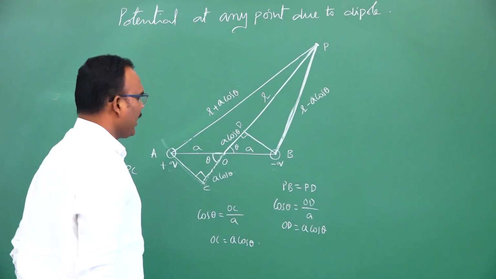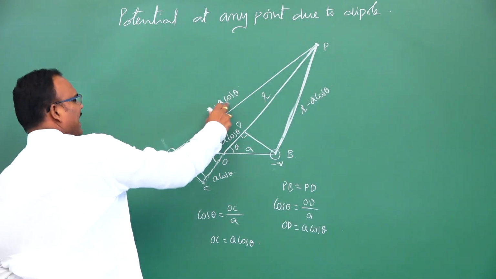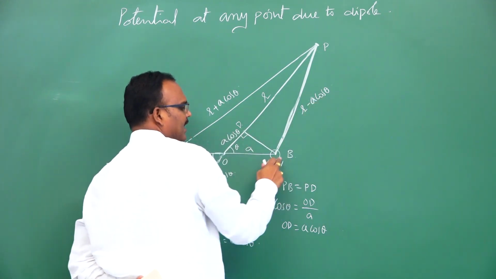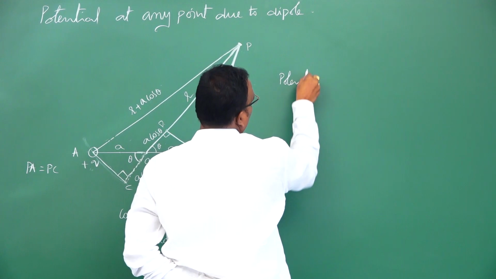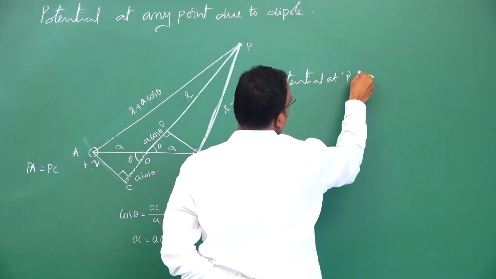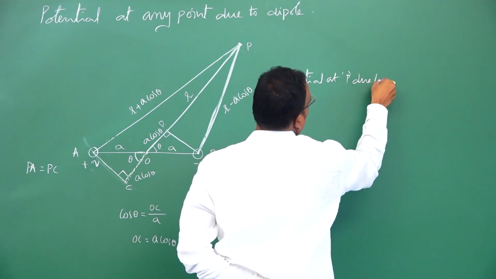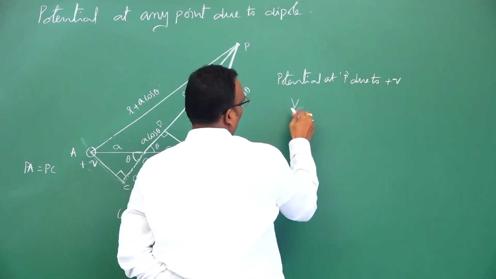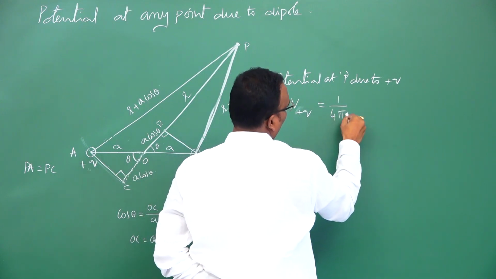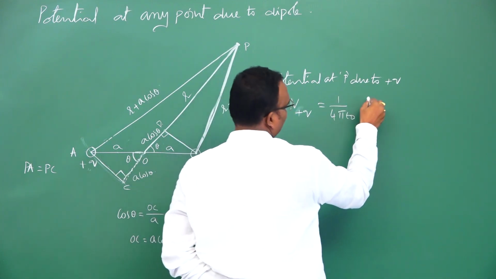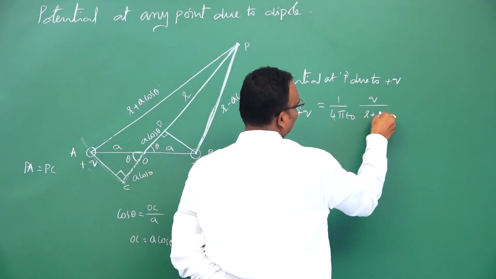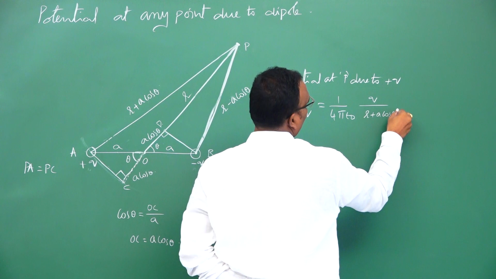Now I know point P is at a distance r plus a cos theta from the positive charge and r minus a cos theta from the negative charge. Potential at point P due to plus Q: V plus Q is equal to 1 by 4 pi epsilon naught, charge Q divided by distance r plus a cos theta.